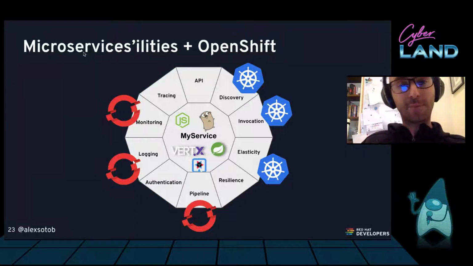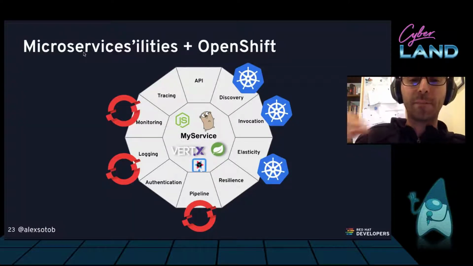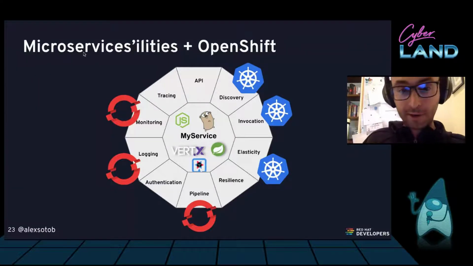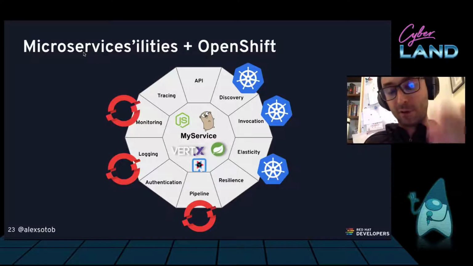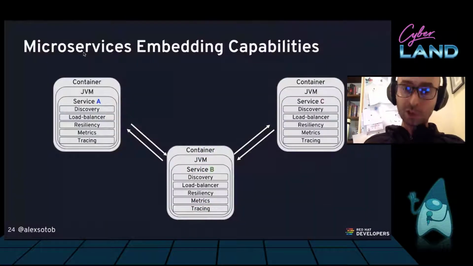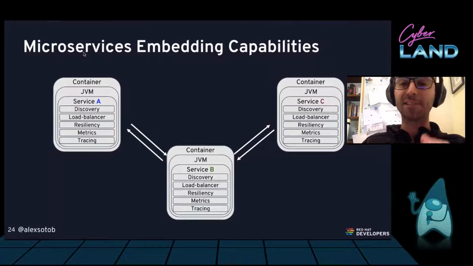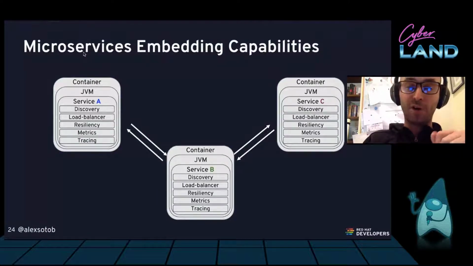If you are using, for example, OpenShift, which is also Kubernetes, you're getting everything from Kubernetes plus the pipeline, the logging, and the monitoring. But we still have some remaining parts here. You can see, for example, the resilience, the authentication, the tracing, and the API are something that we are not covering with Kubernetes. So what we end up doing is embedding these capabilities inside each of the services.